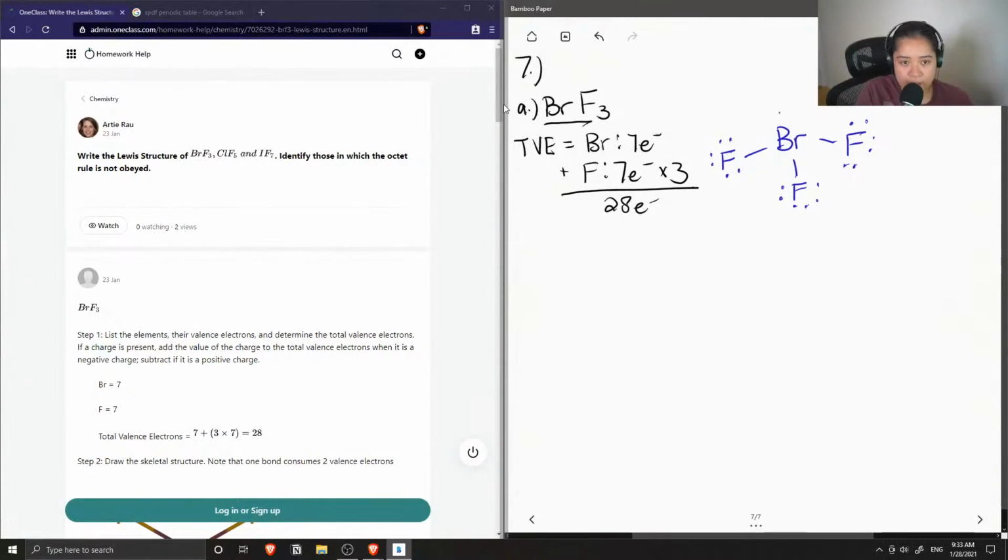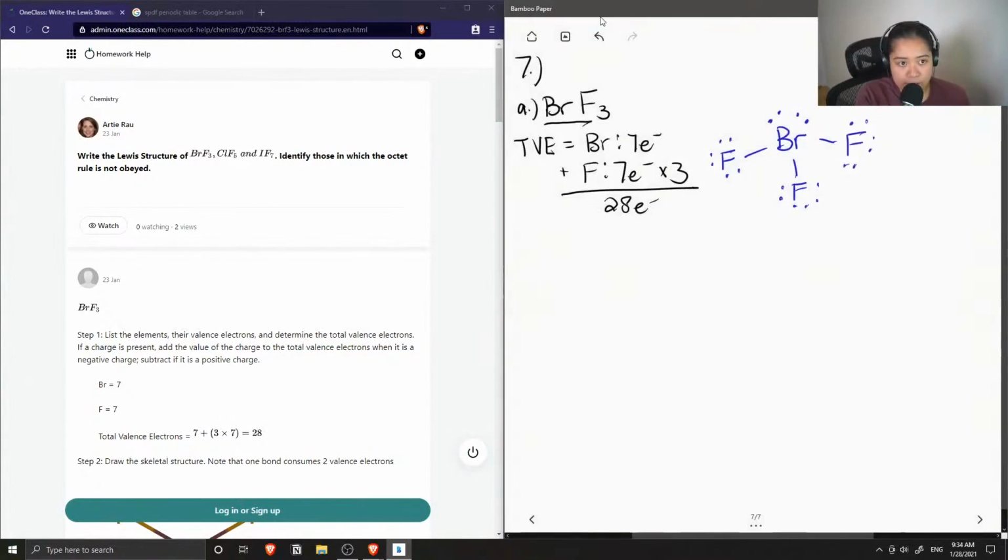So I'm just going to put the remaining 4 on my central bromine atom, since I'm not able to form double bonds. Okay, so this is our final Lewis structure, and we can see that it does not obey the octet rule.